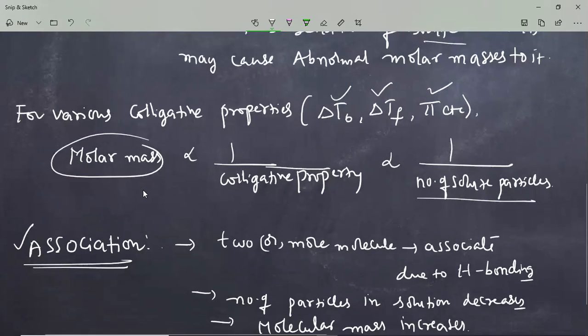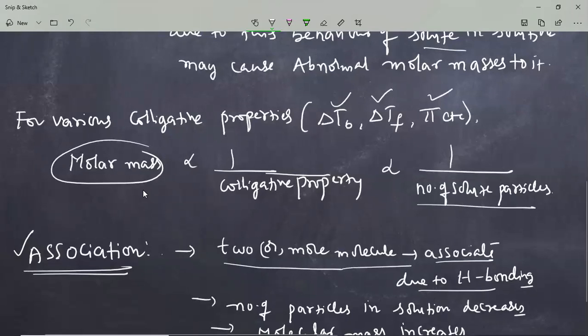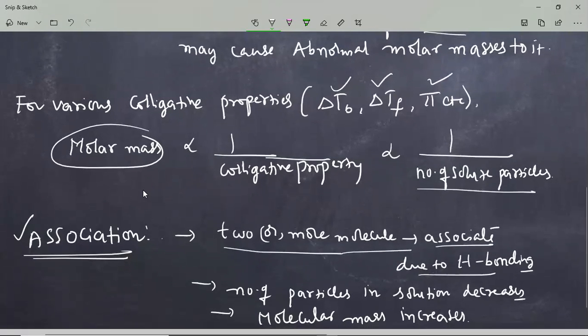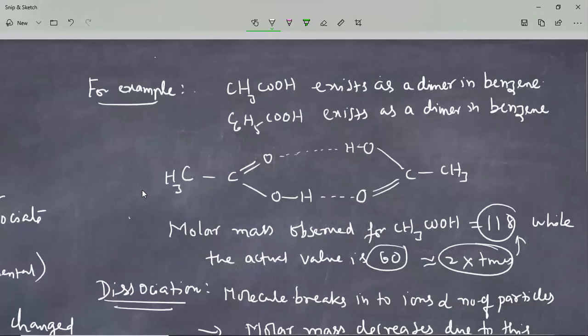That was observed in the case of association. Association means that when two or more molecules associate, because of hydrogen bonding the number of particles in solution decreases, so the molar mass increases. That increase in molar mass we call abnormal molar mass. For example, take acetic acid. Acetic acid exists as a dimer in benzene.